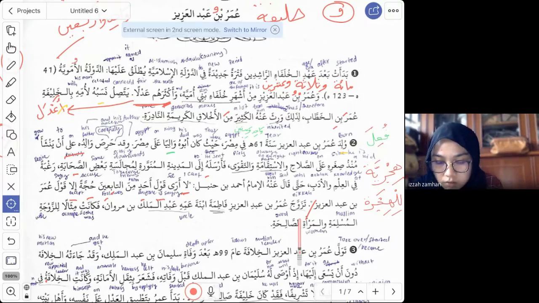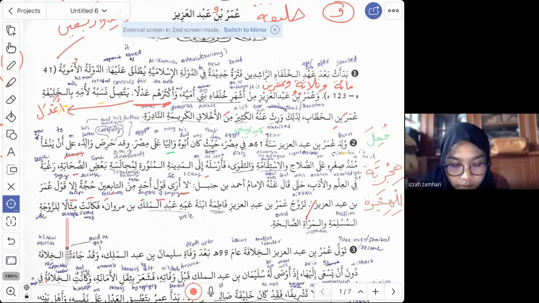Tazawwaja Umar bin Abdul Aziz Fatimah, abnata ammihi, Abdul Malik bin Marwan.